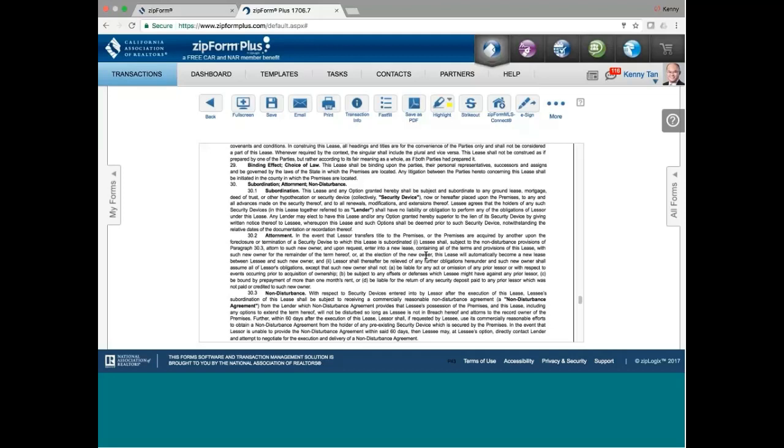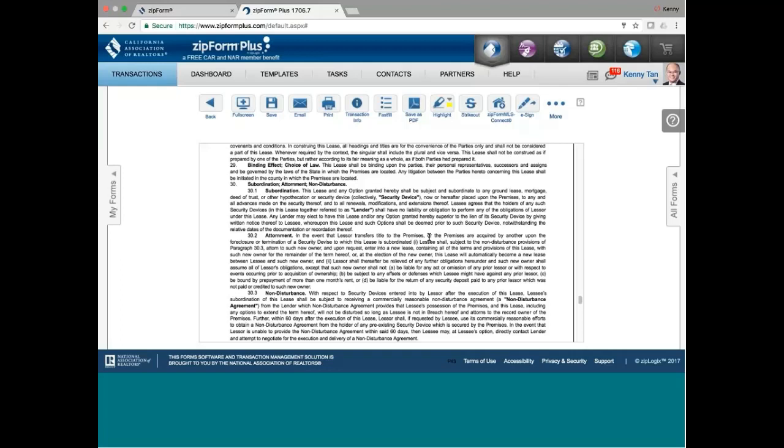Now I know it's more than a mouthful, but I'll explain to you in layman's terms. What that means is, if you are a tenant, your landlord has a mortgage against his property. Your landlord runs into some financial difficulties, so he's facing foreclosure. Ultimately, the property becomes foreclosed on.